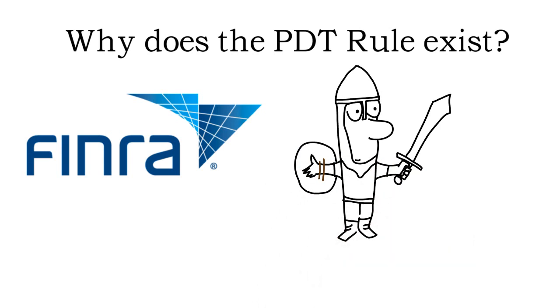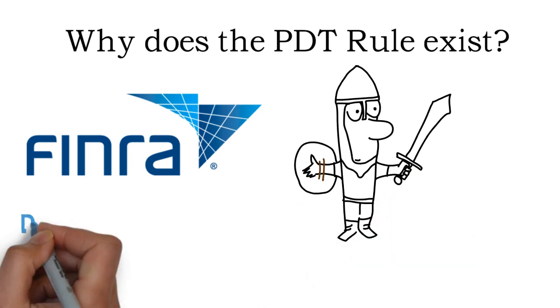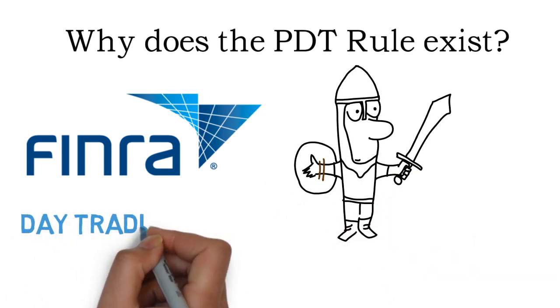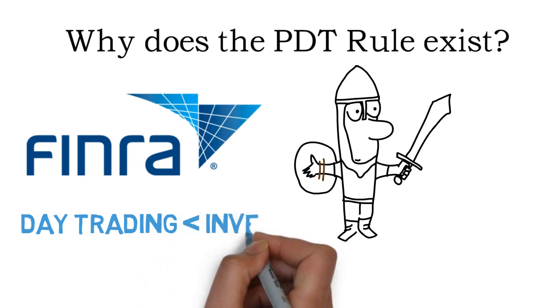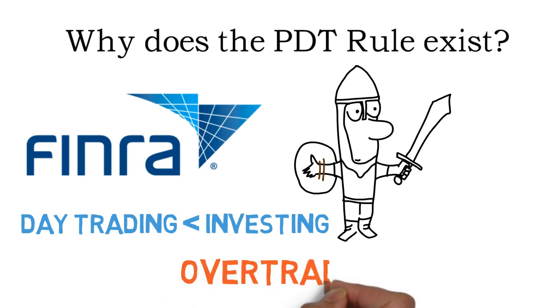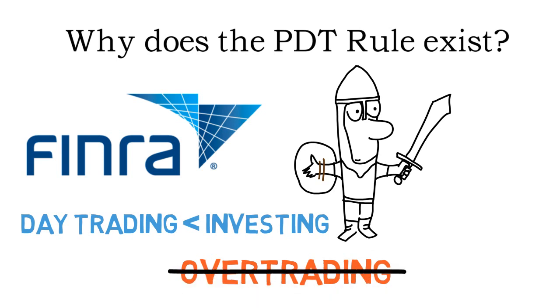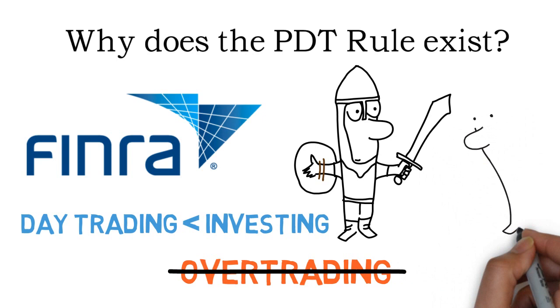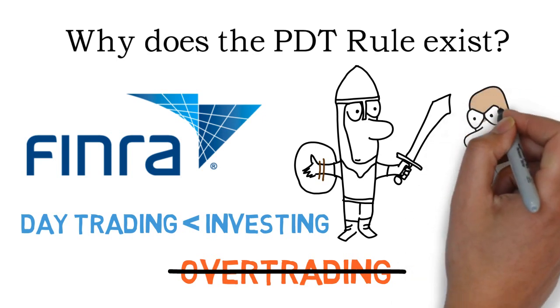Financial regulators like FINRA think that day trading is more risky than investing or other forms of longer-term trading. Therefore, they want to protect investors with smaller accounts from the greater risks of day trading. Furthermore, the PDT rule actually fights overtrading, which is a huge mistake, especially amongst newcomers to the stock market.